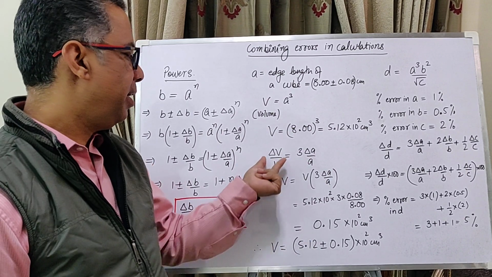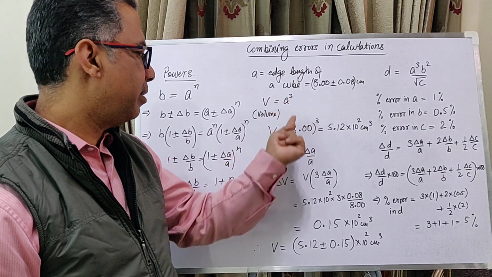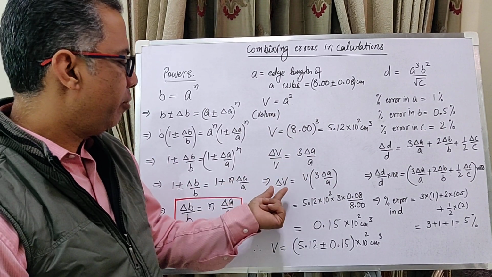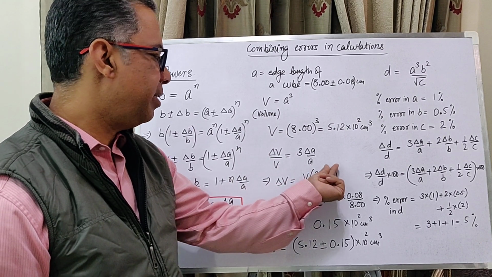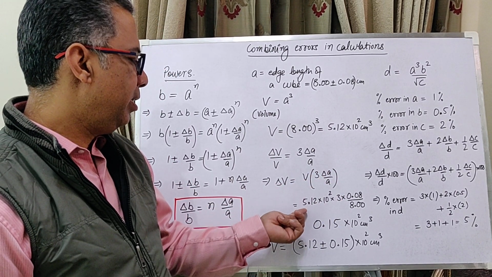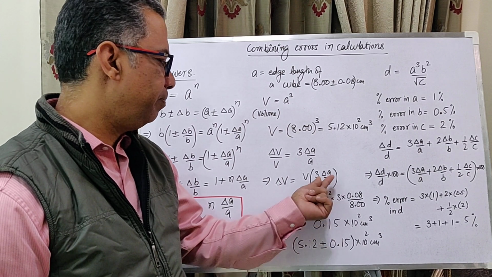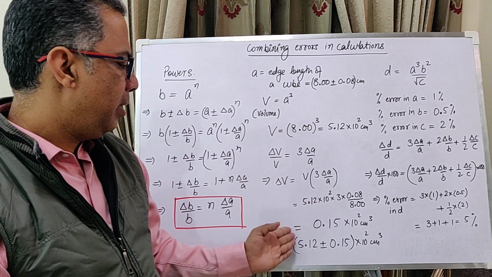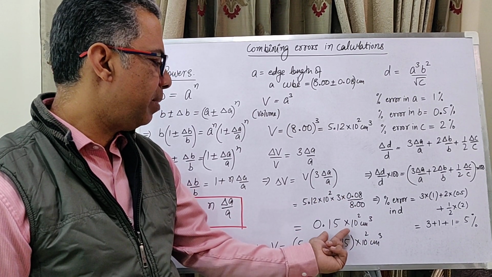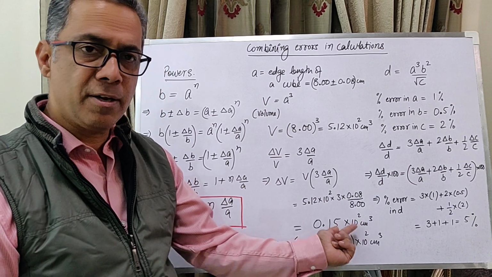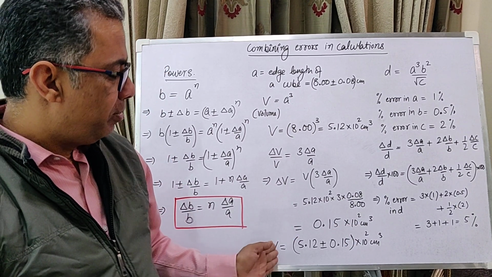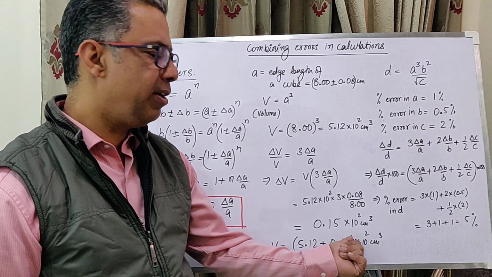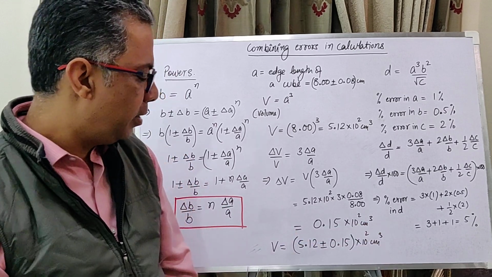Delta V by V equals the power 3 times delta A by A, and delta V therefore is V times 3 delta A by A. V is substituted here, 3 times 0.08 by 8.00, and this is approximately 0.15 times 10 to the power 2, and volume therefore is reported as 5.12 plus minus 0.15 times 10 to the power 2 centimeter cube.